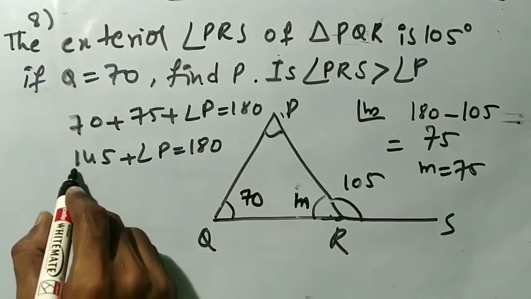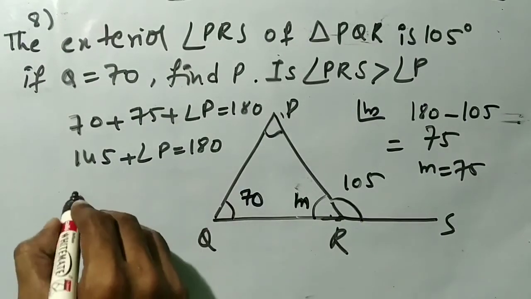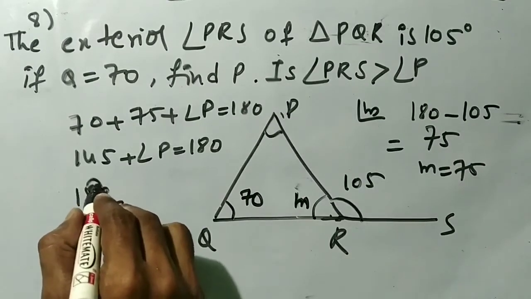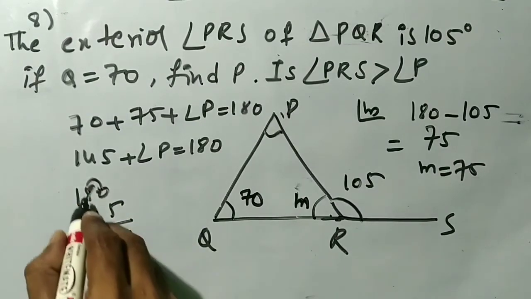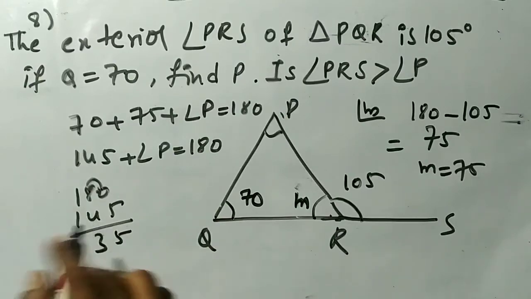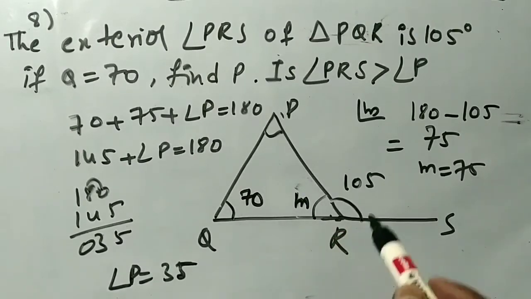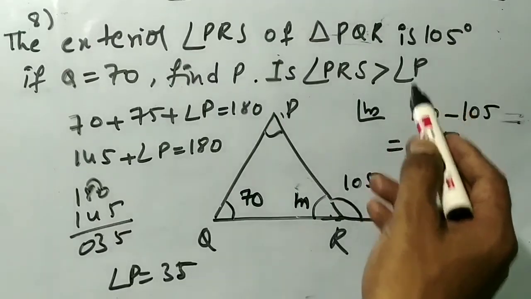So 180 minus 145 gives angle P is equal to 35. So definitely angle PRS is greater than angle P, hence proved.